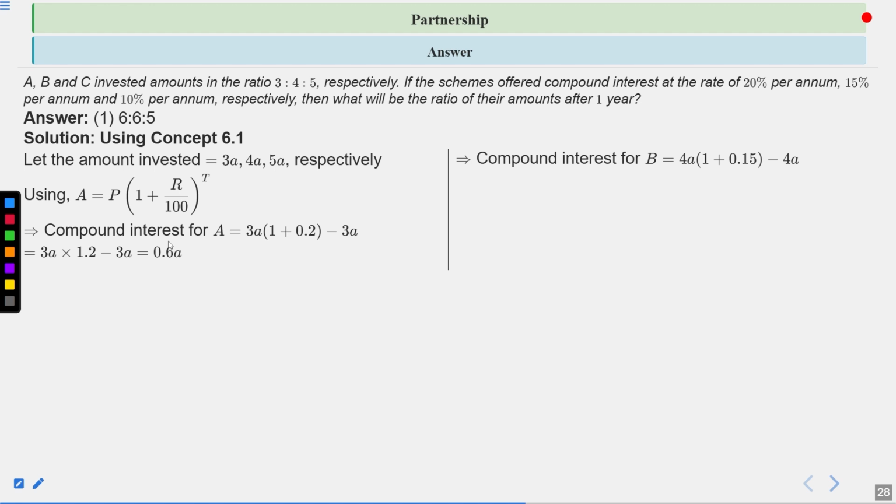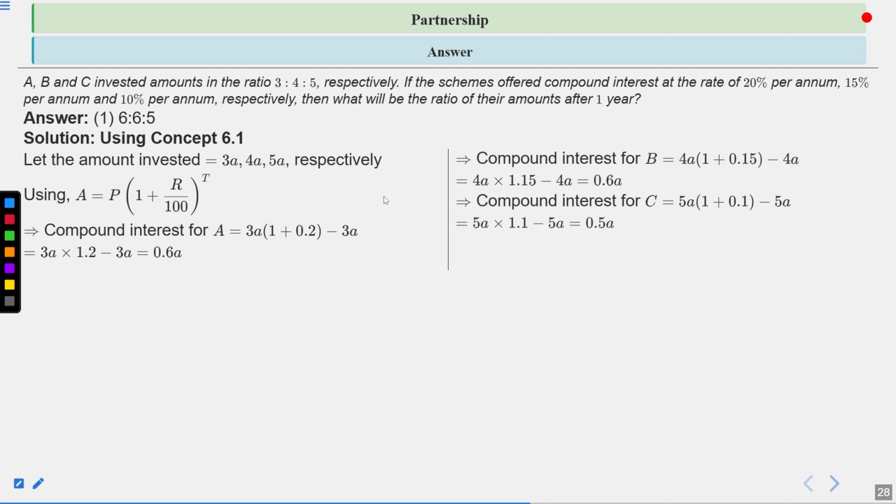In the same way, the compound interest for B will become 4A multiplied by (1 plus 0.15) minus 4A. When we simplify it, we get 4A multiplied by 1.15 minus 4A, which equals 0.6A. In the same way, the compound interest for C will become 5A multiplied by (1 plus 0.1) minus 5A.